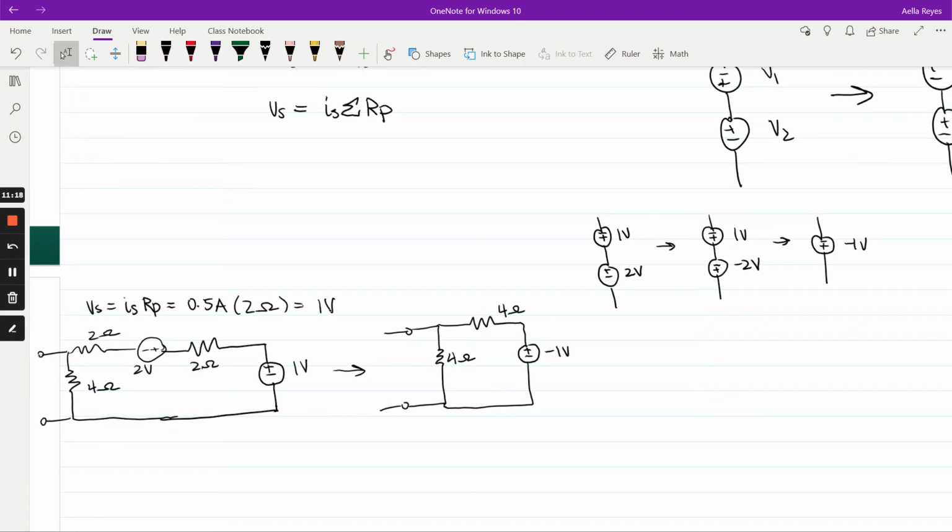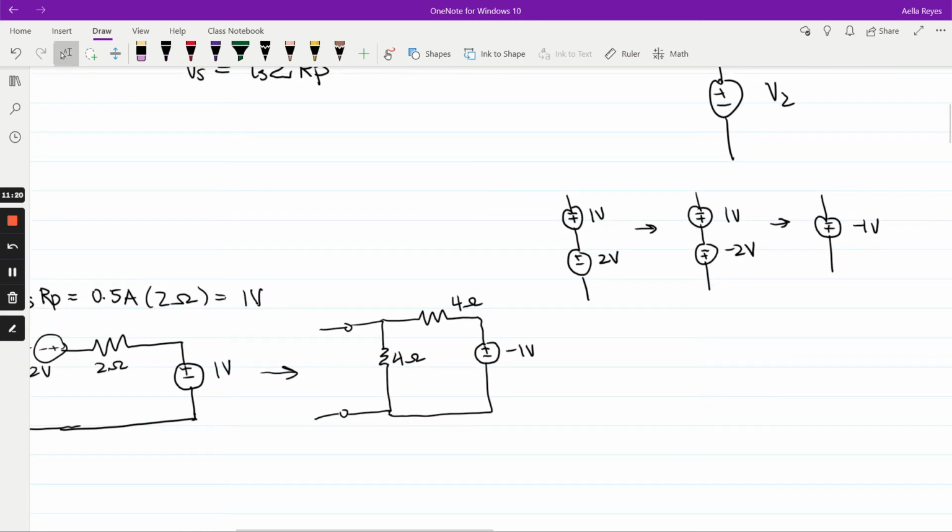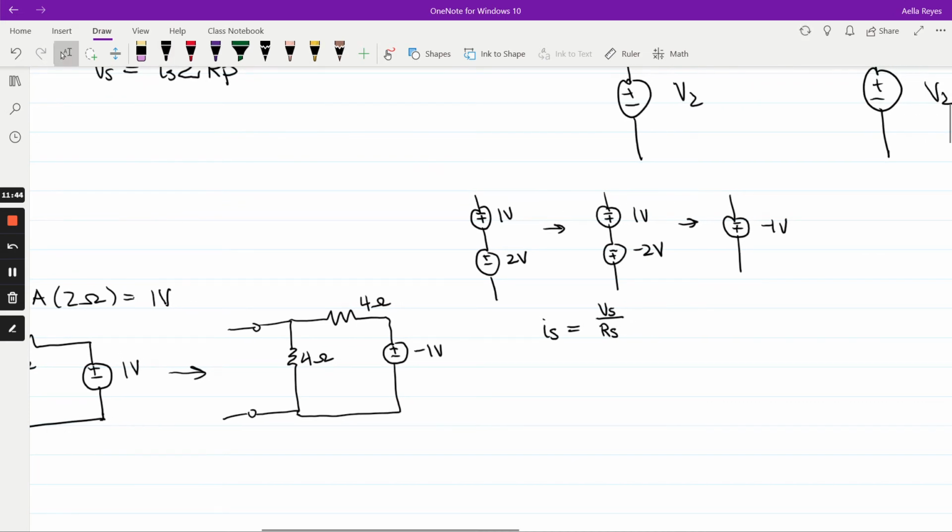So now we're going to source transform these two, the -1 volt and the 4 amps, into a current source in parallel with a resistor. To find a current source, we use Ohm's law, which is the voltage source divided by your resistors in series. So this is -1 volt divided by 4 ohms, which is -0.25 amps.